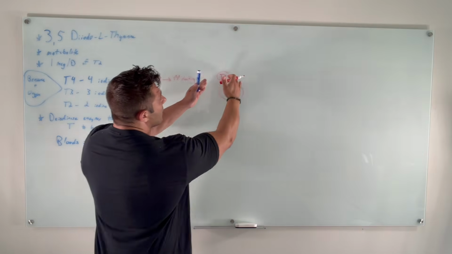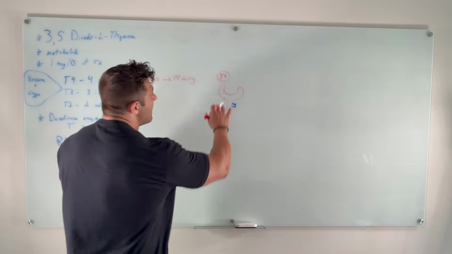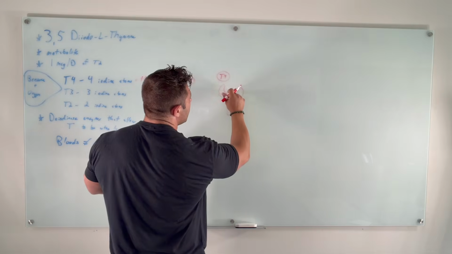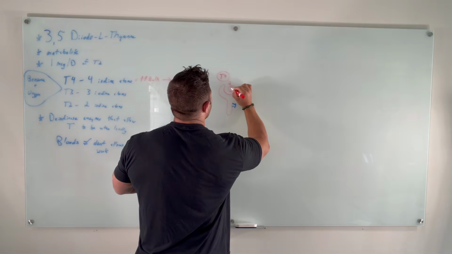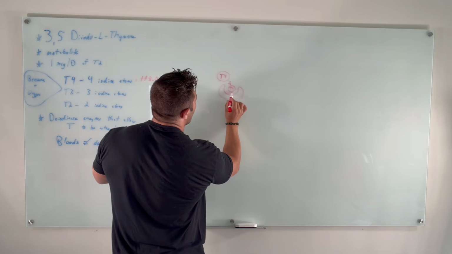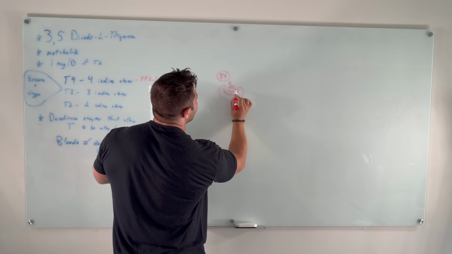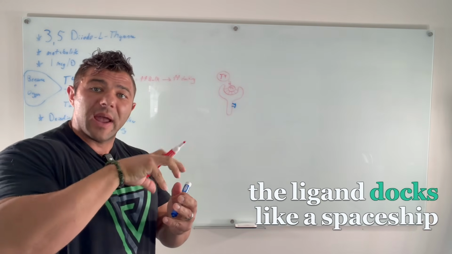But whenever the ligand, the T4 hormone, the molecule comes in and binds, it fits in there. So it transports, it fits in there, and it technically docks, it tethers, kind of like a spaceship. Like if you've ever seen Star Trek, it docks, it tethers, and it moves around, right?